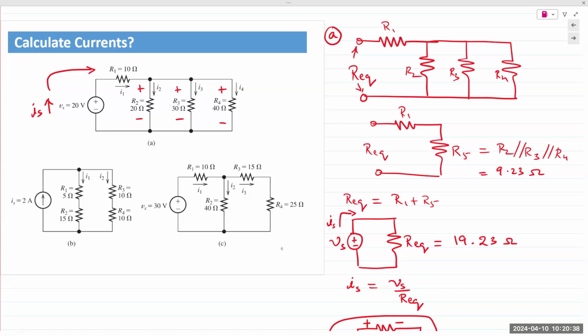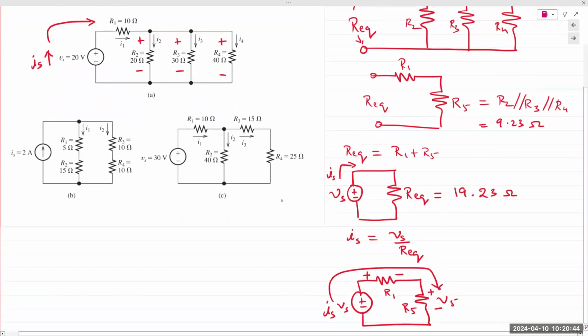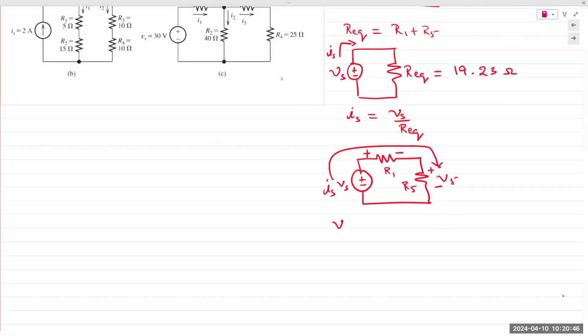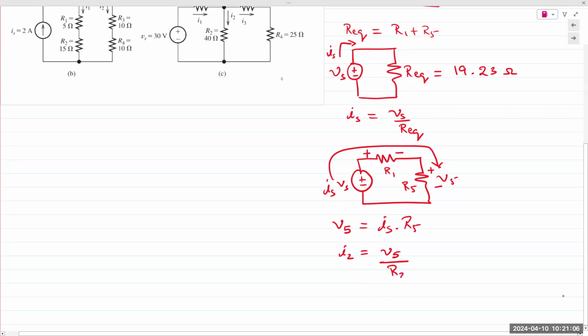Make sense? Right? And now you simply apply Ohm's law again. I would say V5 is equal to IS times R5, and hence I2 is V5 over R2.